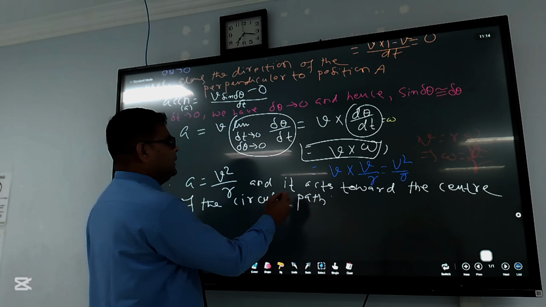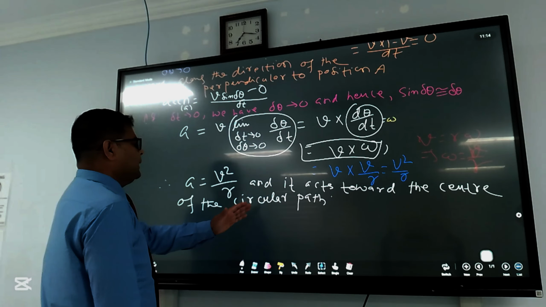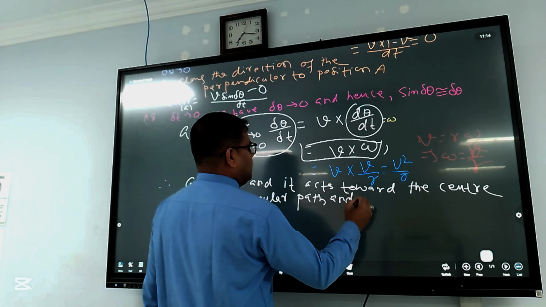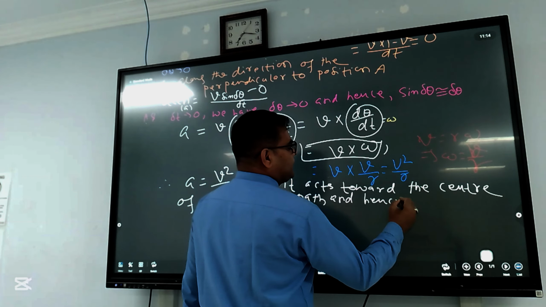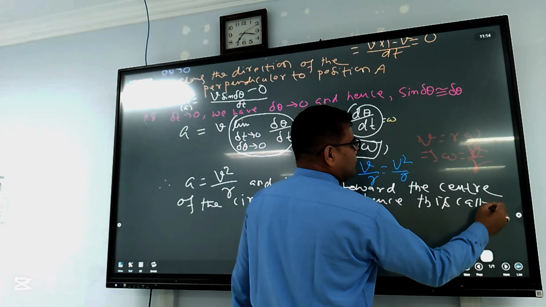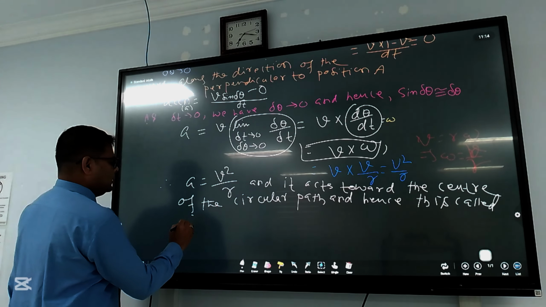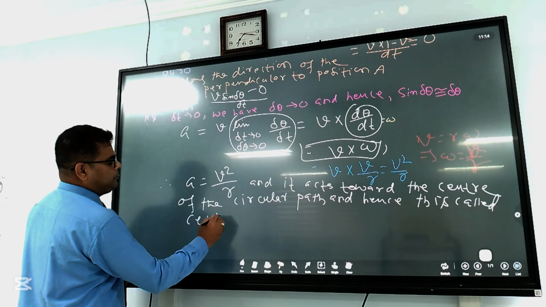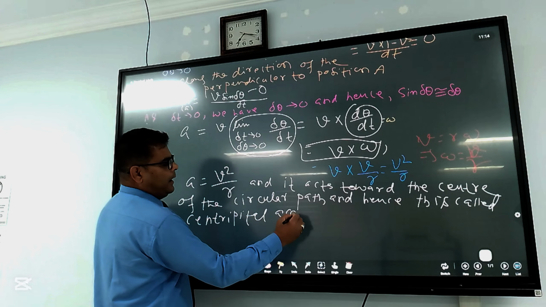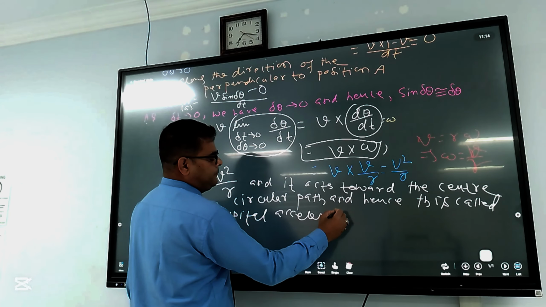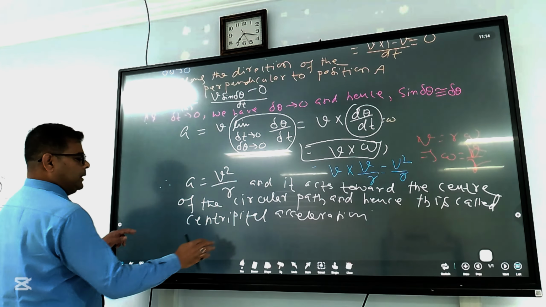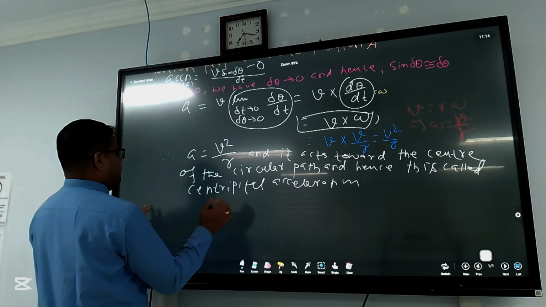Alright, so it acts towards the center of the circular path, hence this is called centripetal acceleration. And you can see this centripetal acceleration in different forms.